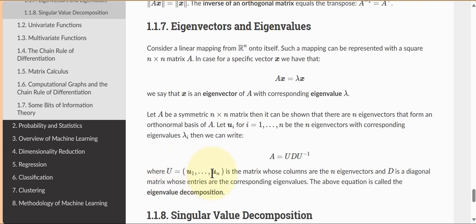So we have this matrix U, which comes from A. Then A can be factored in terms of U, D, the eigenvalues along the diagonal, and then U inverse. This is a very powerful result, and the equation is called the eigenvalue decomposition. We're decomposing A into this, and D contains the eigenvalues.